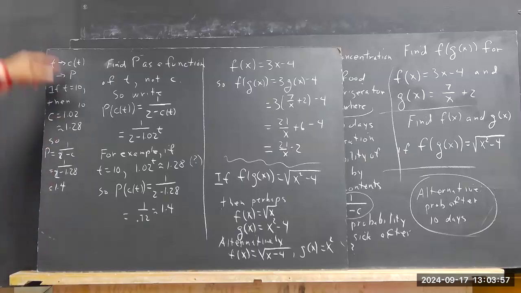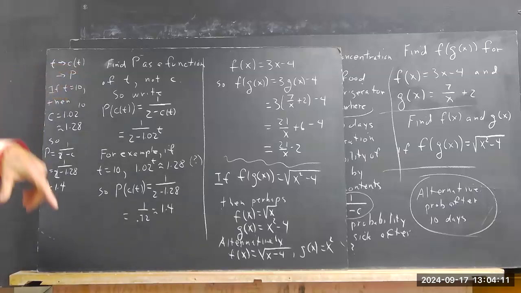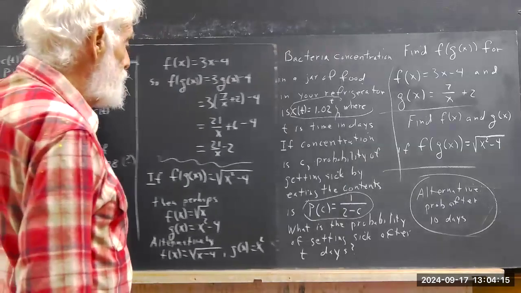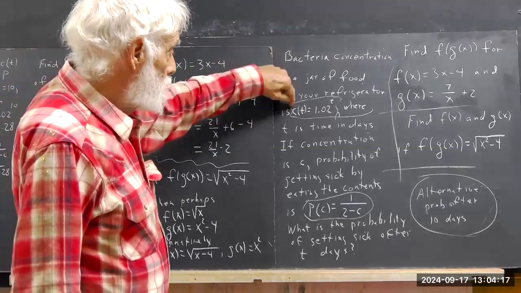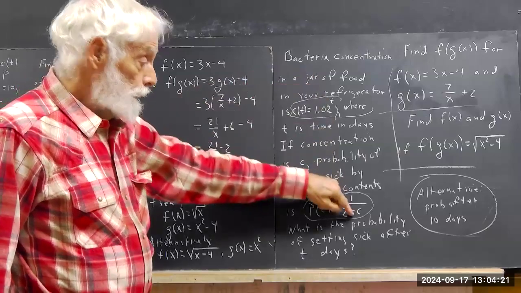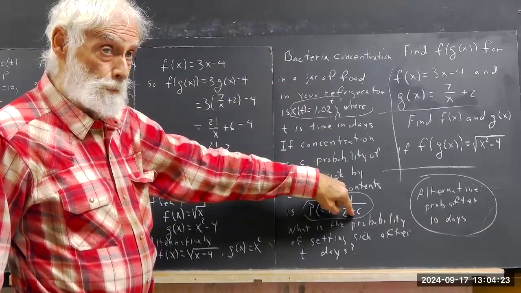So we never used a composite here, but we use the same idea. This is the way composites work. You start with your variable, you get one function in a chain, and then you plug that value into another function. And hopefully you've seen how that works. So in this case, if I know t, I can find the value of c from this, which I can then plug in here.